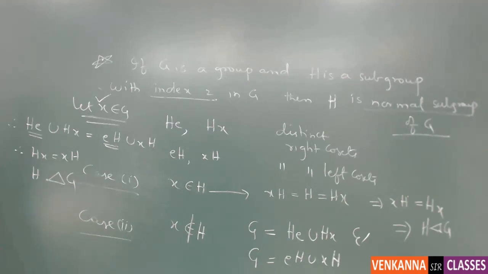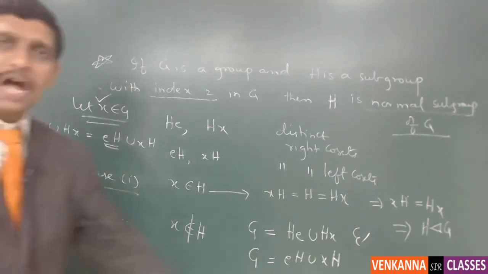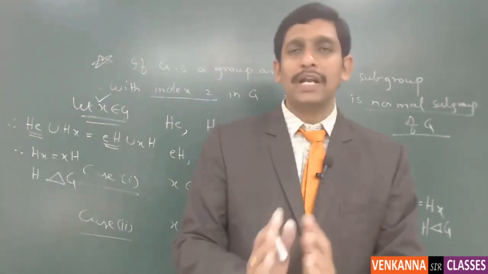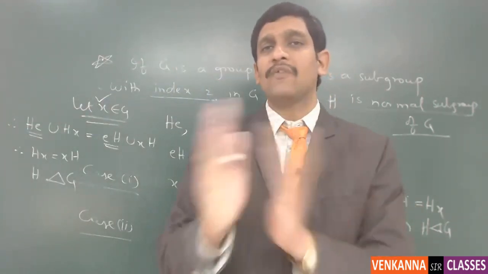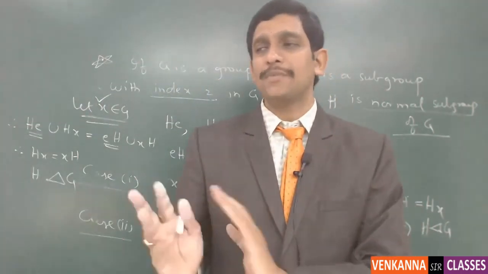So while proving that H is a normal subgroup of G, our main intention is nothing but showing left coset is equal to right coset. That is our ideology to prove that. So whatever case you consider, our strategy is to show that left coset is becoming equal to right coset so that H becomes normal.